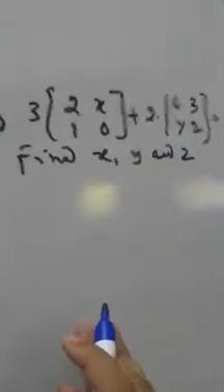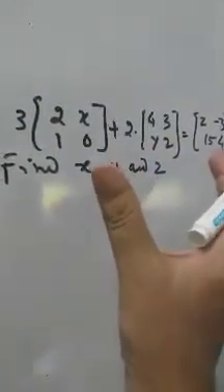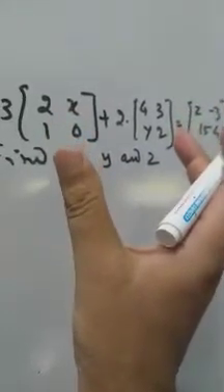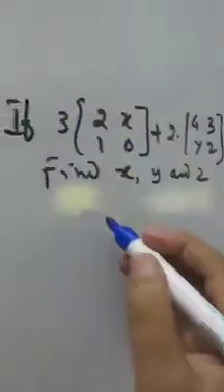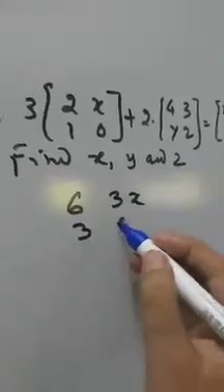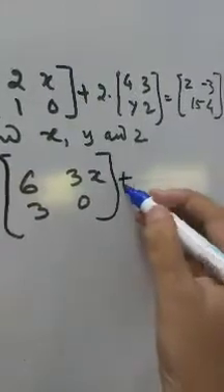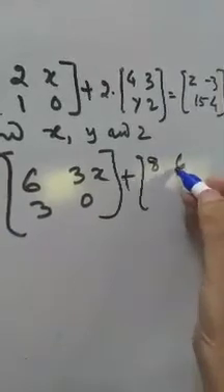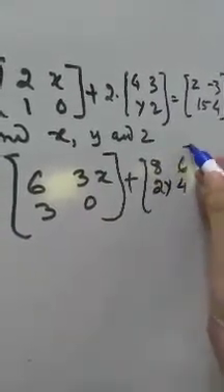How will I get this? So simple. This is an equality equation, a matrix equation. So on the left hand side I will make one matrix, and on the right hand side only one matrix is given. So 3 into 2 is 6, 3x, then 3, then 0. I have multiplied 3 with each element, plus here I have to multiply 2, so it will be 8, 6, then 2y and 4.